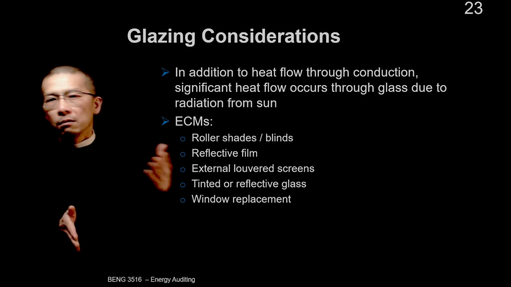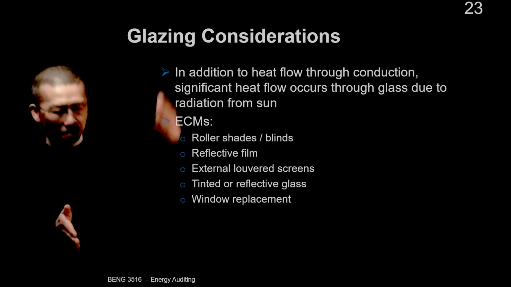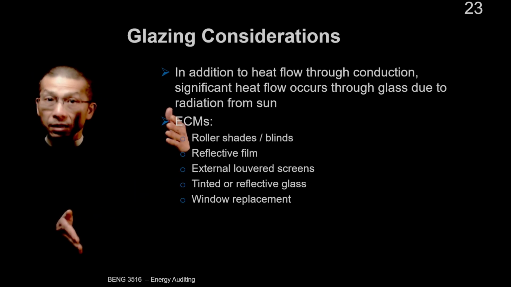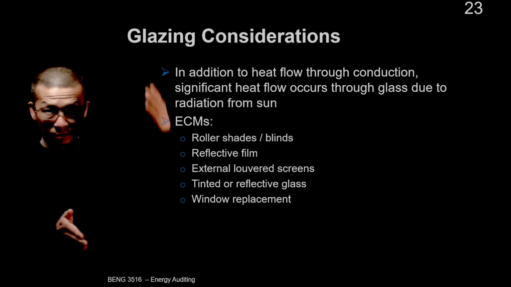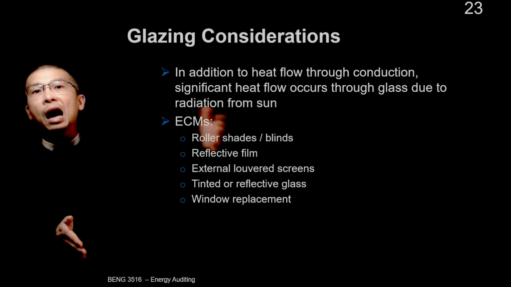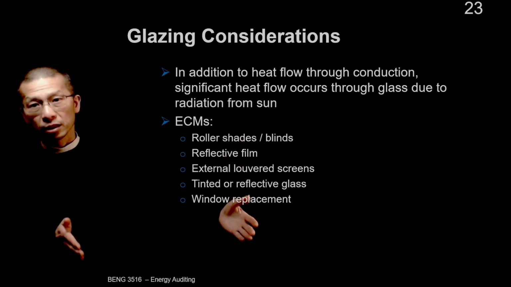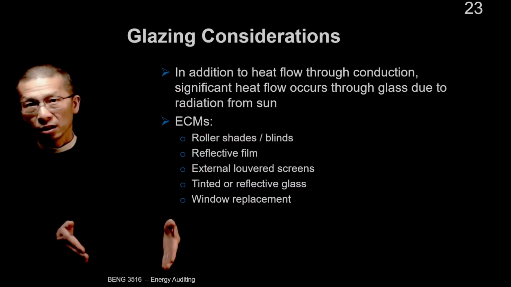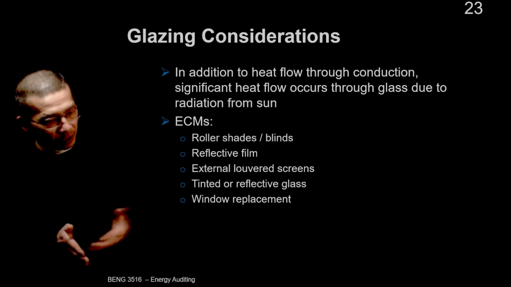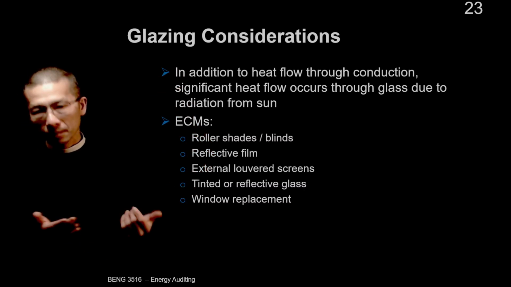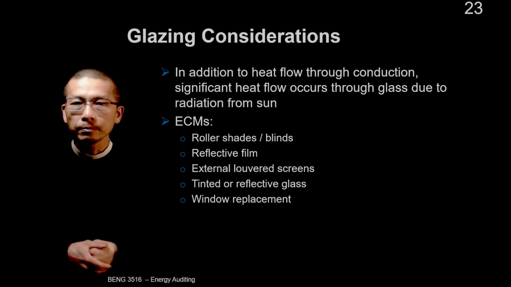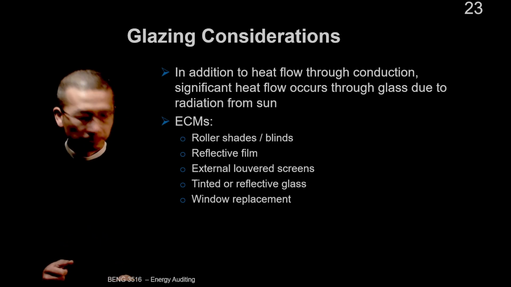So really, the best would be if we can have the shading device outside, an exterior shading device. That will stop the solar heat gain before it hits the glazing area.